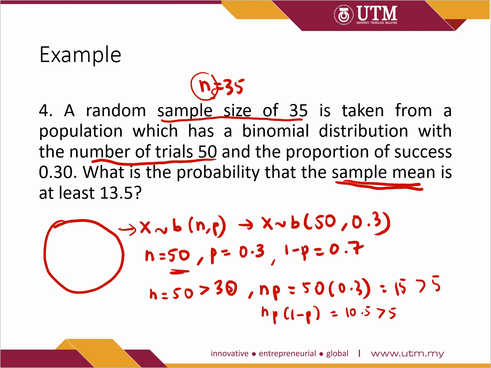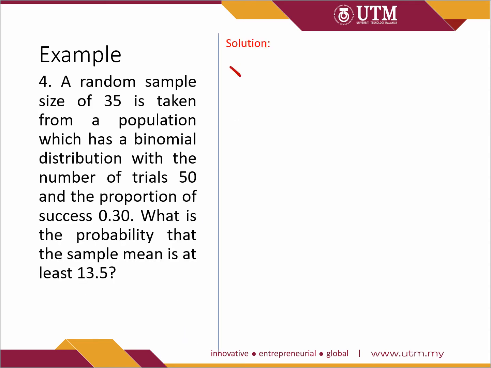So we can use the normal approximation for this binomial distribution. So given that this follows normal, np comma np times 1 minus p, our np is 15, and np times 1 minus p is 10.5. So x follows a normal distribution with mean 15 and variance 10.5.